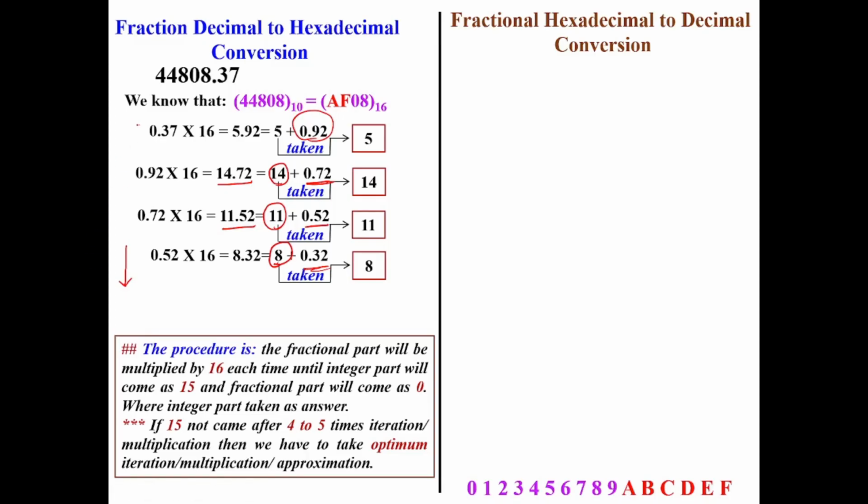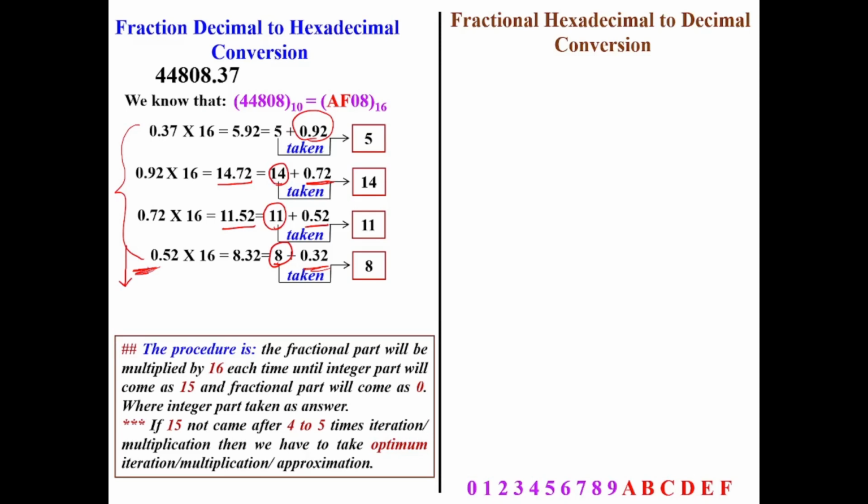Here I consider 4 iterations or multiplications. We have to check after 4 iterations how much of an answer we get. If it approximates the value, then we can stop and consider this our optimum iteration.